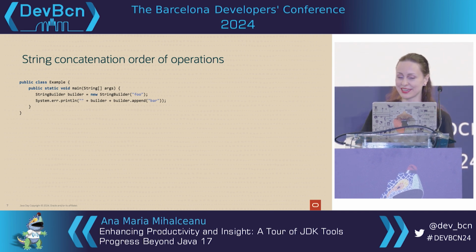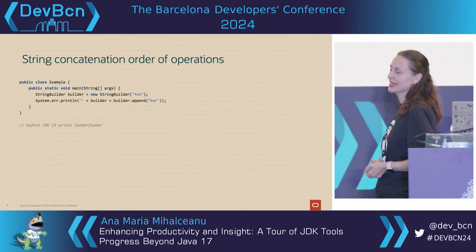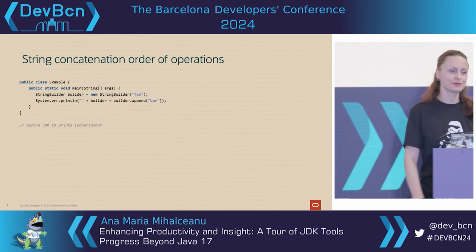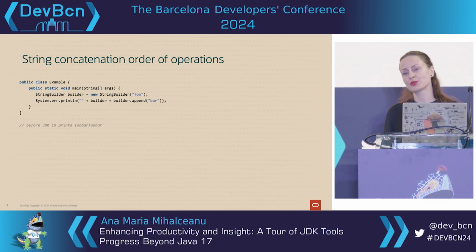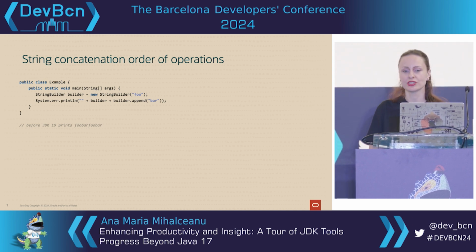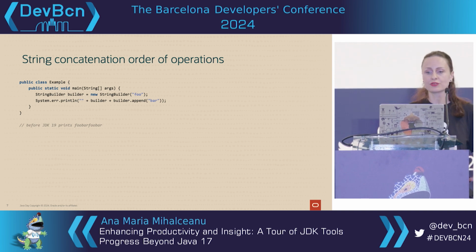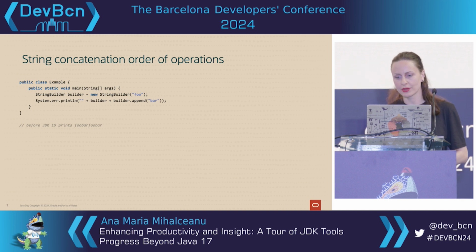Well, ta-da, the answer. Actually, you're right. Before JDK 19, it prints foo bar. There was something going on with string concatenation. But after JDK 19, this has been changed to evaluate each argument and eagerly convert it to a string in a left to right order.